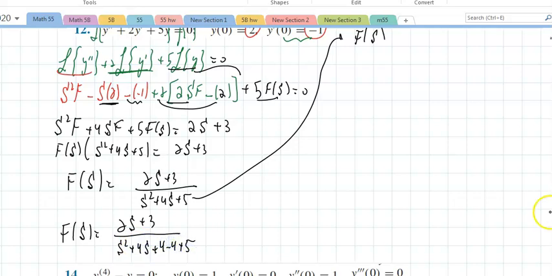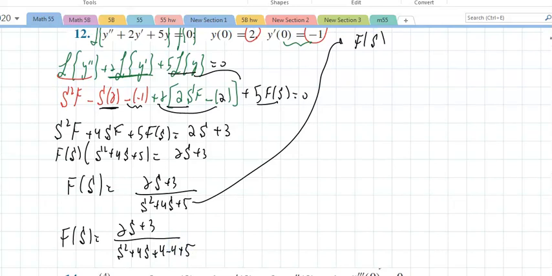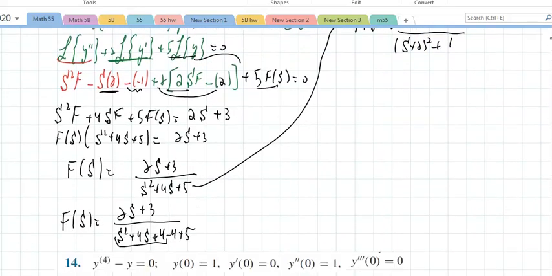And wouldn't you say F of s in this case would be 2s plus 3 over s plus 2 squared, that's those 3, plus 1. Now, I do have a small problem.